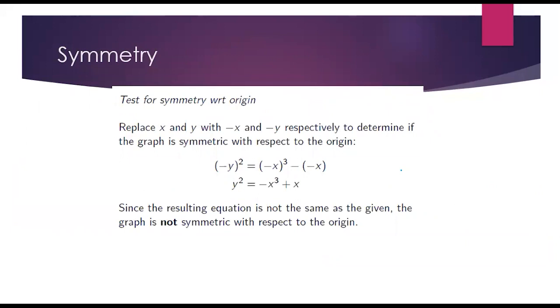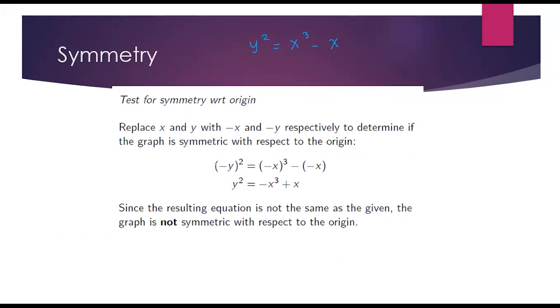How about testing for symmetry with respect to the origin? Again, you have y squared is equal to x cubed minus x. This one is the original equation. Now you're going to replace x and y with negative x and negative y respectively in order to determine if the graph is symmetric with respect to the origin.